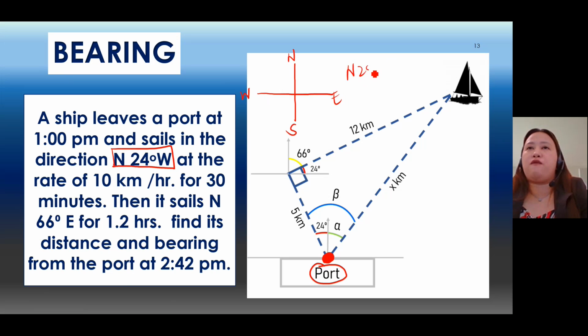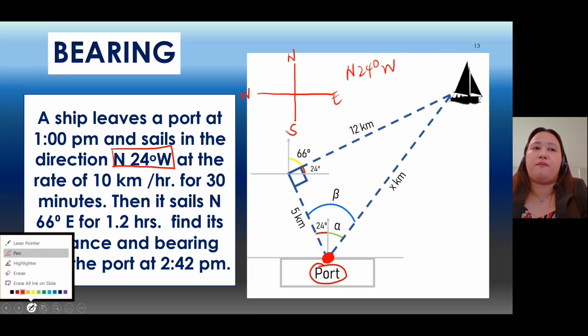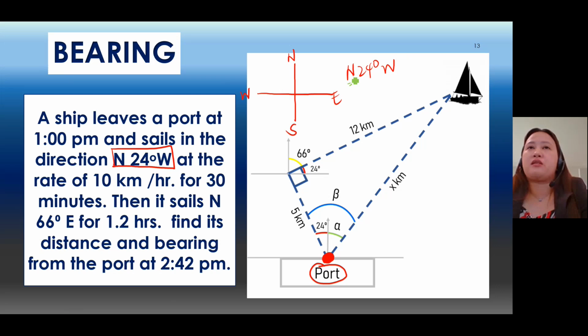In order for you to graph this, you're going to start at the north, and then it is said west. So when you measure the angle, it is going towards the west. You measure 24 degrees, then you just draw a straight line, and that will be your angle.